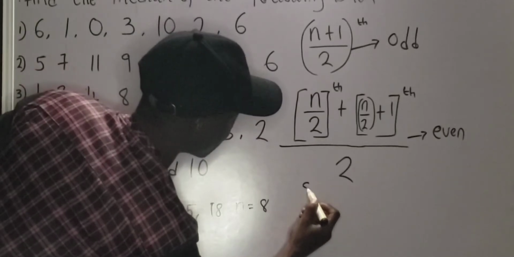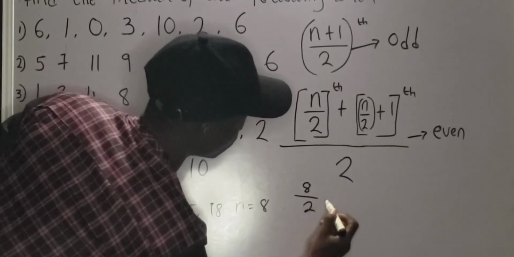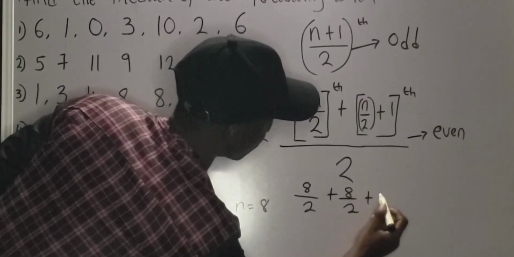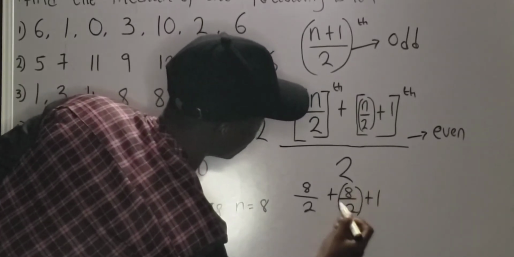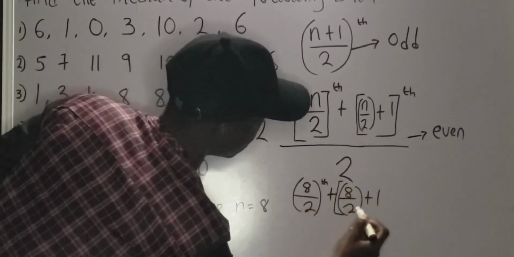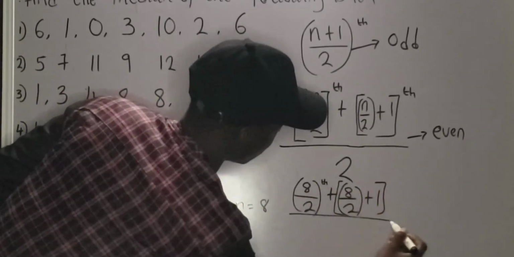So I'm going to have 8 all over 2, plus 8 all over 2 plus 1, all over 2.